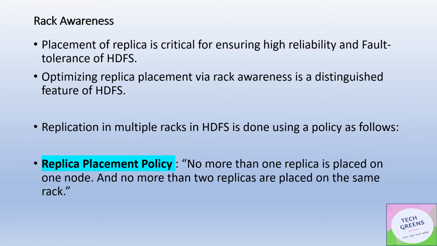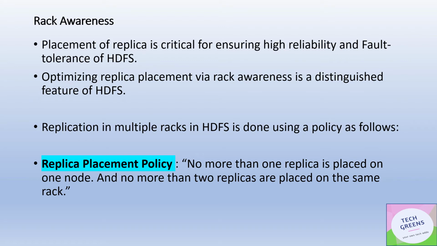So even if one rack altogether is down, which happens very rarely obviously, but if it does go down, the replica of that particular block is still available on another rack. This whole replication management, which is done by Hadoop, is called the replica placement policy.